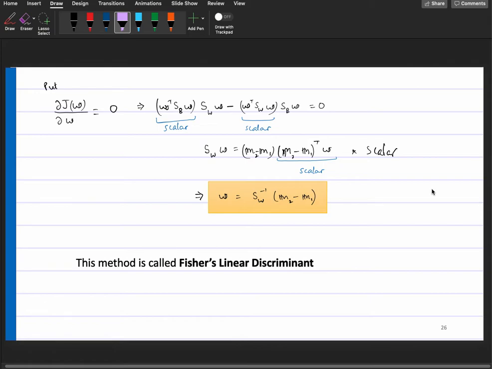This method is popularly called Fisher's linear discriminant method. Basically, it is trying to discriminate between the two classes, assuming that they are linearly separable. If they are not linearly separable, then it won't do any good to you, right? If two classes are not linearly separable in higher dimension, you cannot expect that they will become linearly separable if you project them to lower dimension.